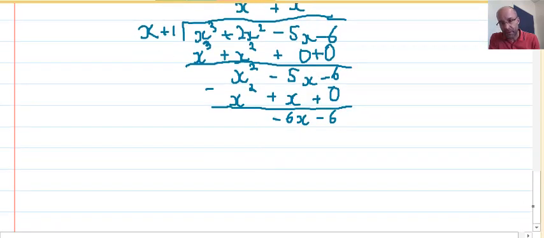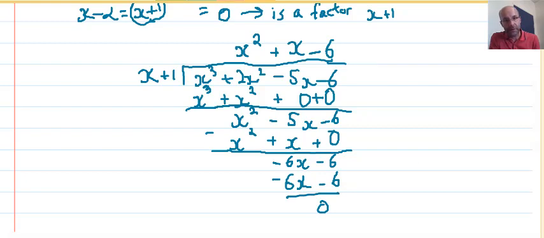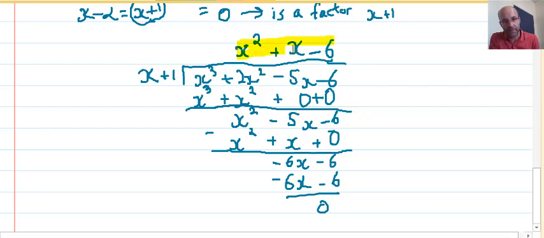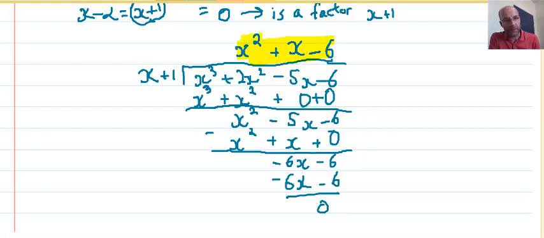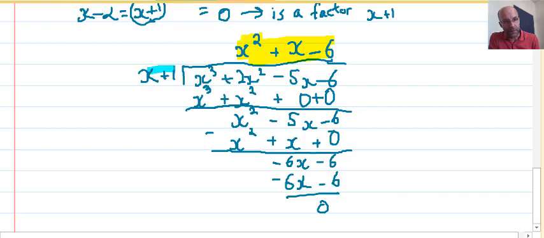Okay, we need to times x by negative 6 to get negative 6x, so minus 6. And 1 times negative 6 is negative 6, and that comes out as 0. So we have a quotient up there, and we have the divisor there.